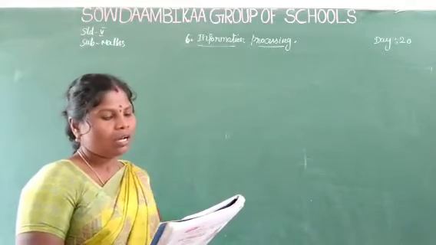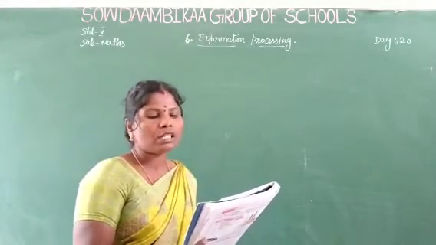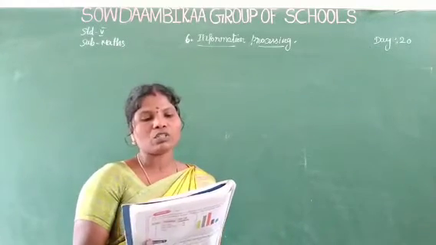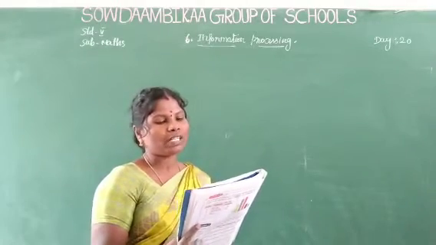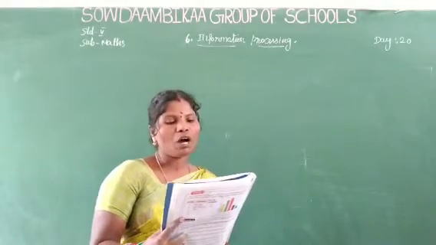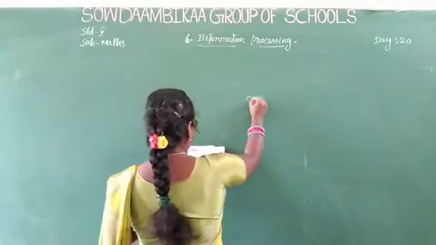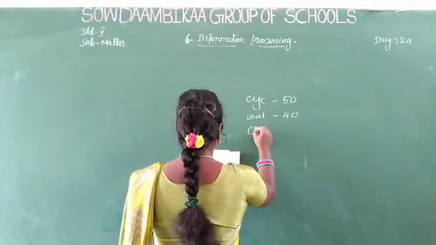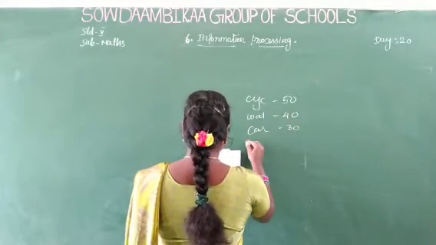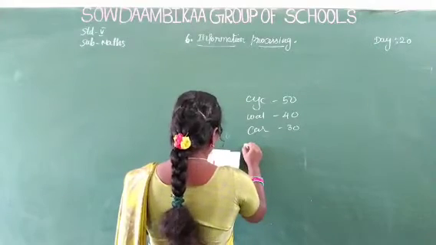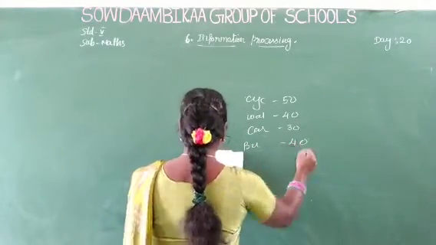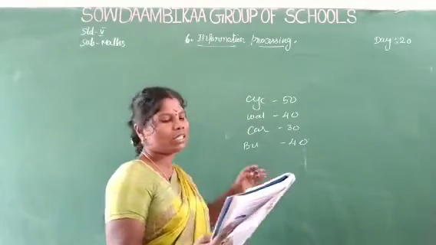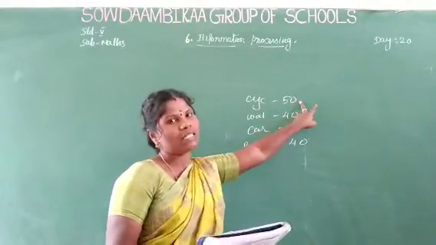First question: which mode of transport is mostly used by the students? Cycle 50 students, walk 40, car 30, bus 40. So the answer is cycle.